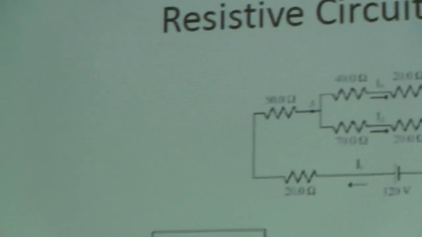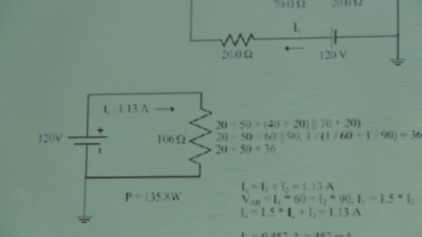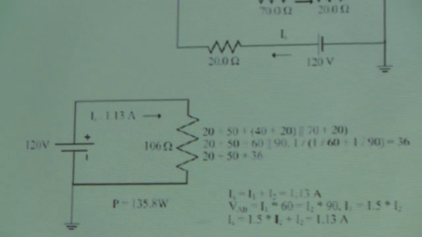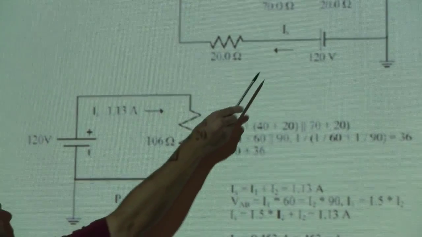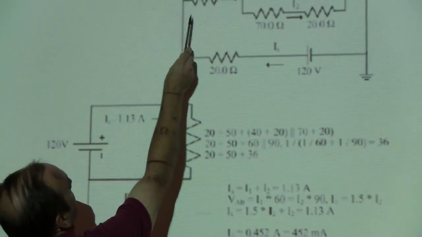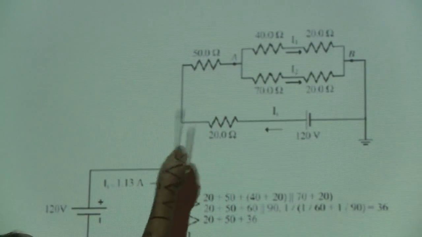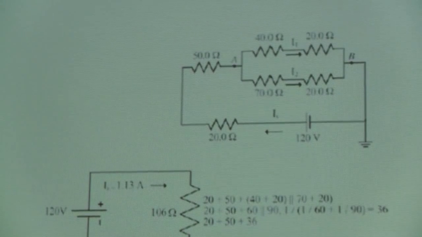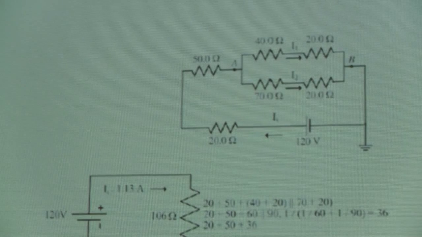The way you do that is you simply walk around the path of the loop, because current always flows in loops. If I'm IS, I travel through the path, I see a 20 ohm, then a 50 ohm, then a parallel combination of 2 legs. One leg is 70 and 20, the other's 40 and 20. So I have to mathematically combine all these resistors into a single resistor to make my life easier.